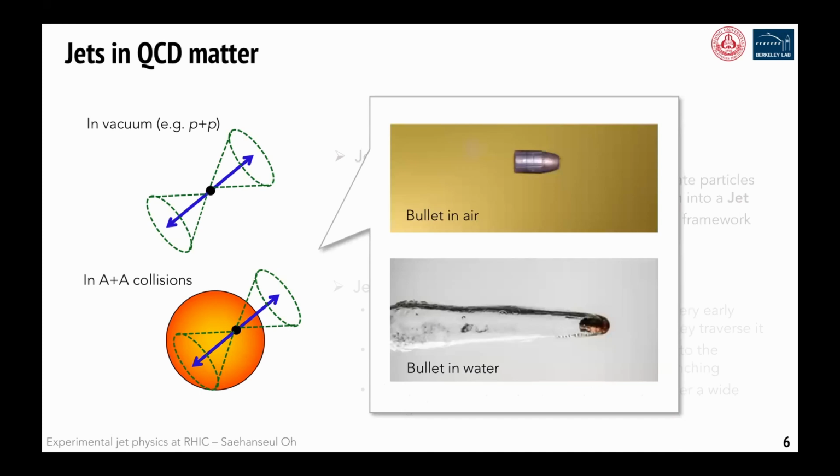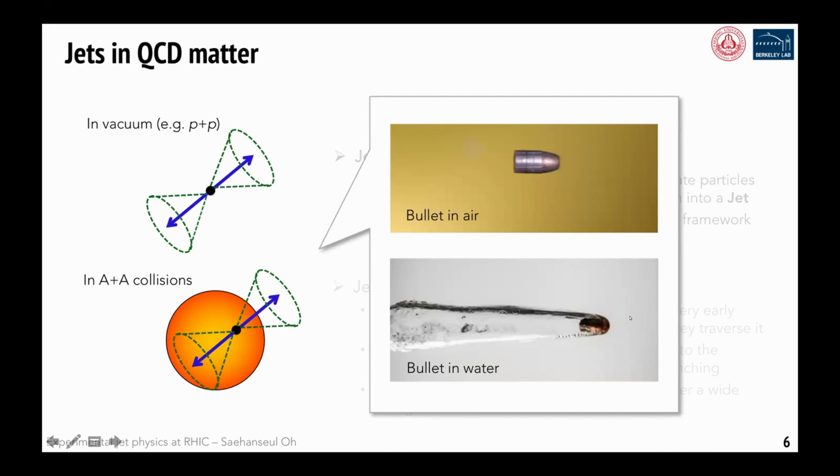So it's very similar to a bullet in air and a bullet in water. So this bullet is our jet, and air and water can be like the vacuum and this QCD medium or quark-gluon plasma. So when you compare the trajectory of a bullet in the air and the trajectory of a bullet in water, of course the trajectory in water is different from those in the air, and that somehow tells something about the property of this water.